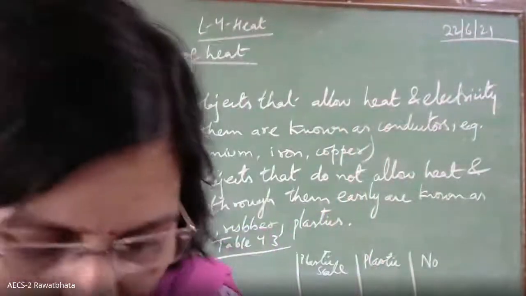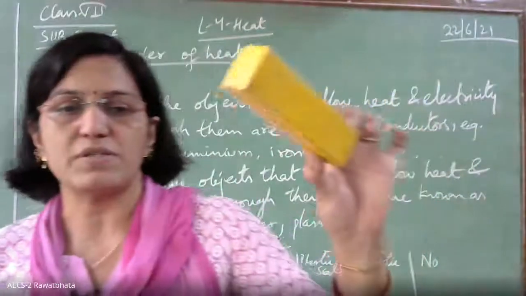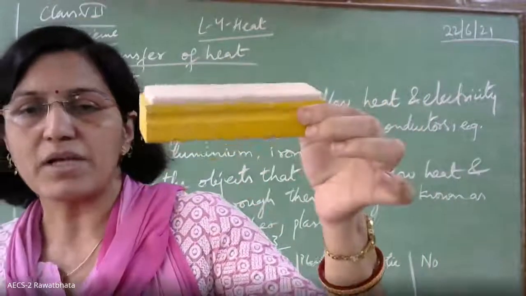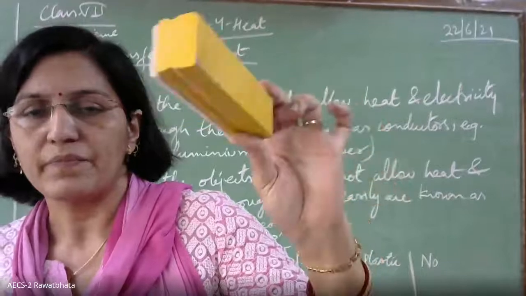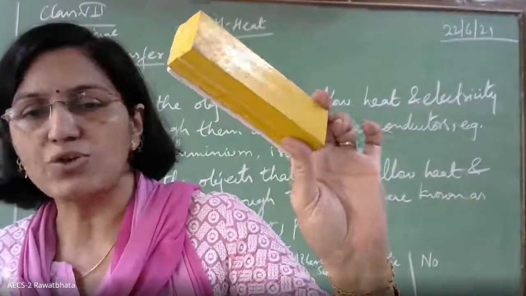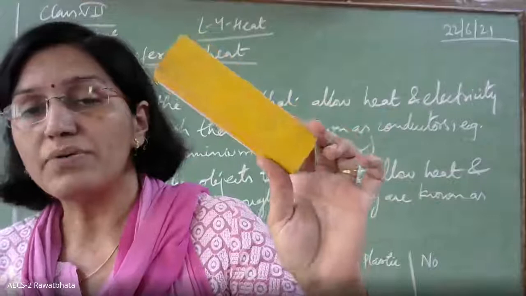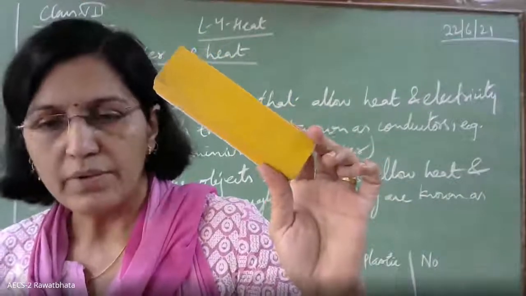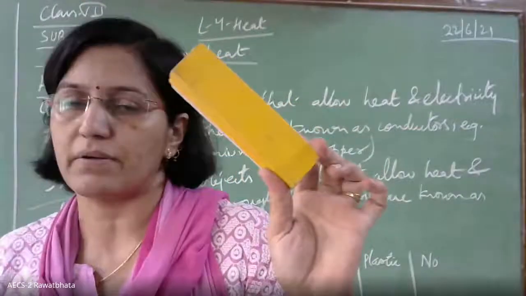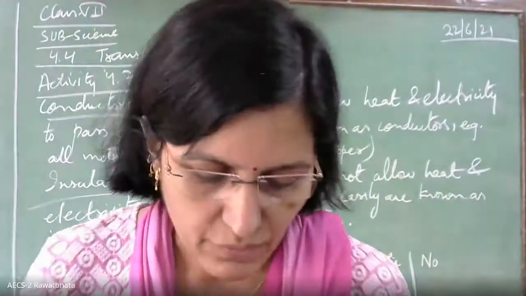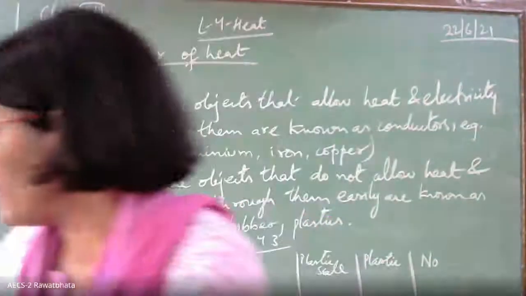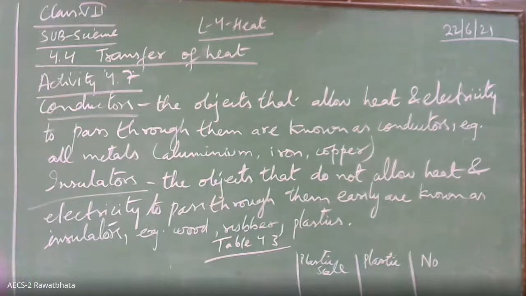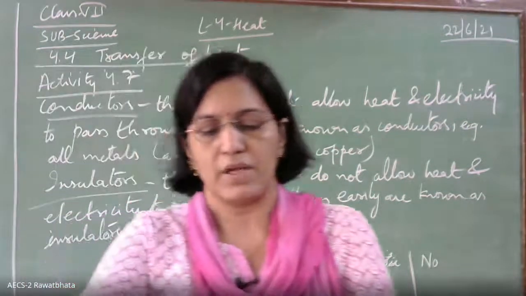And of course, one which you had seen n number of times is the last one, duster. Duster is actually made up of wood and it's also an insulator. From duster, I can recall, I may be using this as a duster in my classroom.